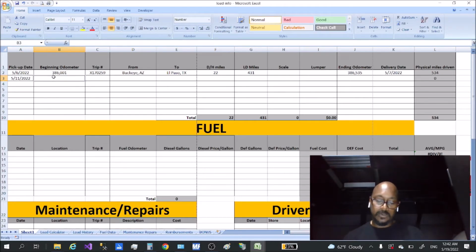Beginning odometer is 387,991. So after I key in all this information, it's going to just break everything down, how much I got paid for this particular load that I've run, or all the loads that I ran. Then I will be getting into how I pay myself.